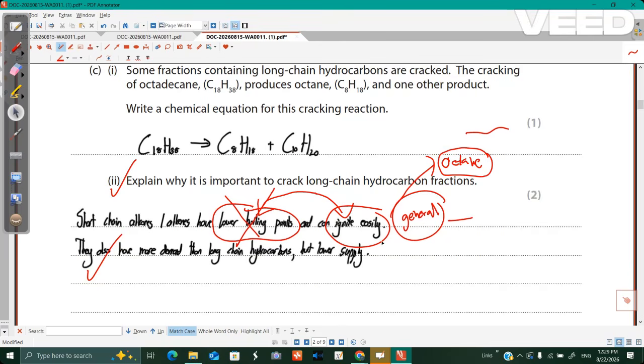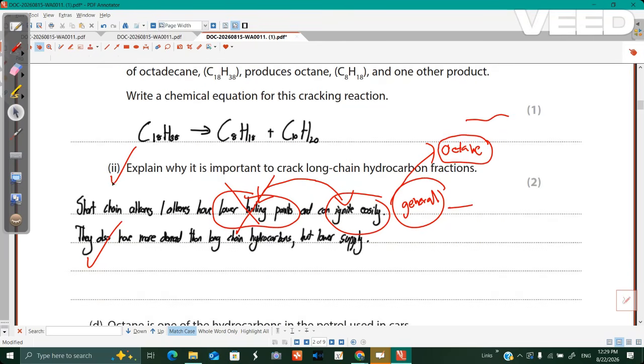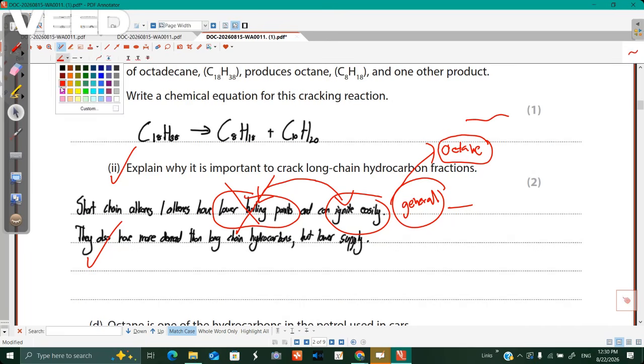Can you tell me one more general answer to summarize it? Lower supply, so that is why you need to make it. What else? Shorten. Can't you remember when it comes to alkenes?